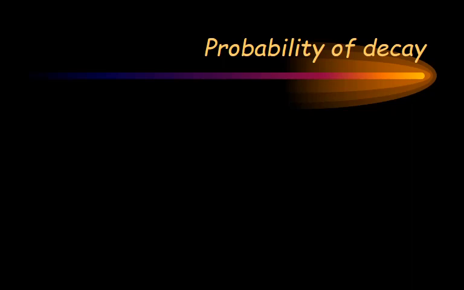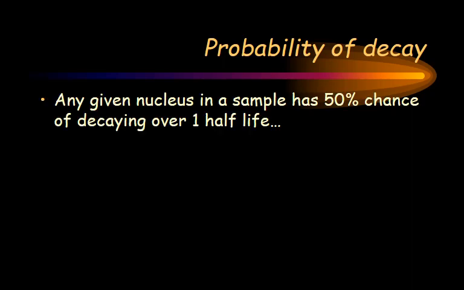Okay, so when we talk about the probability of decay, any given nucleus in a sample has a 50% chance of decaying over one half-life. That should make sense, right?